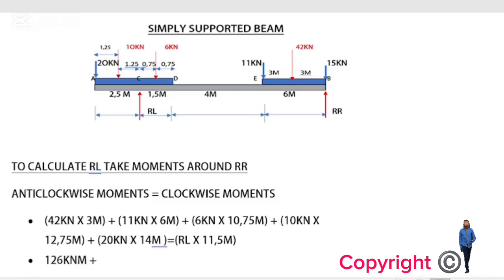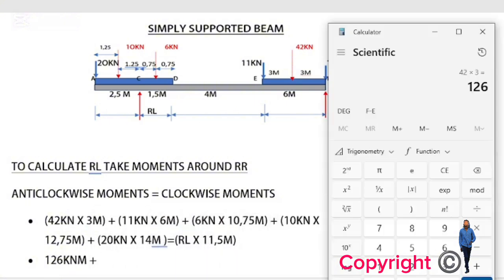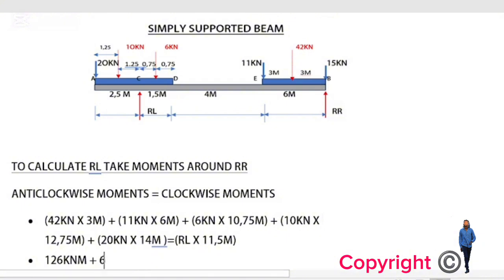Then plus 11 times 6 equals 66 kilonewton meters.